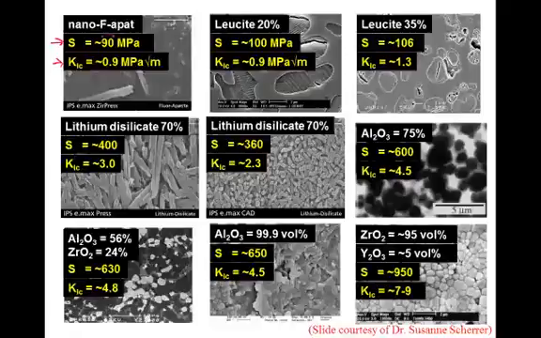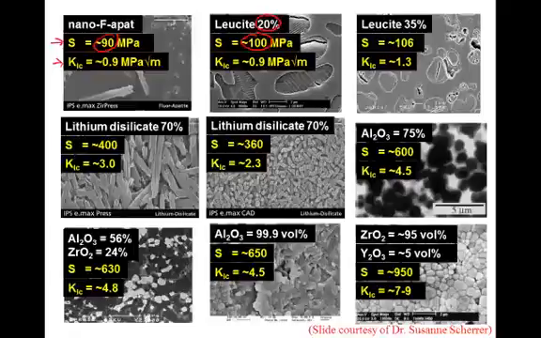This 90 megapascal strength is similar to what we would see for a glass without any crystal reinforcement. Even up to 20% of lucite, those roughly spherical particles, doesn't have much of a strengthening effect. It would be common to find a glass without crystals that had a strength of 100 megapascals.